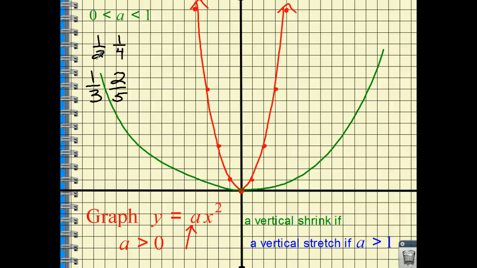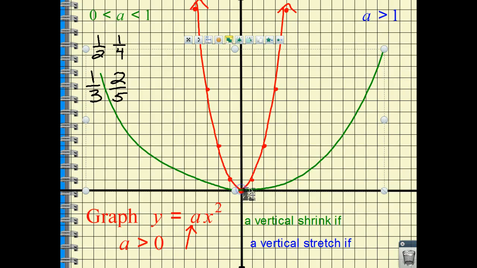Now, if A is greater than 1, that means 2, 3, 4, 5, maybe the mixed numbers, 1.5, 2.5, 2 3/4. Anything greater than 1, we are going to have this parent stretch. If you think about stretching, when you're tired, you're reaching towards the sky and you're stretching. So we're going to take this red parent and stretch it even further.